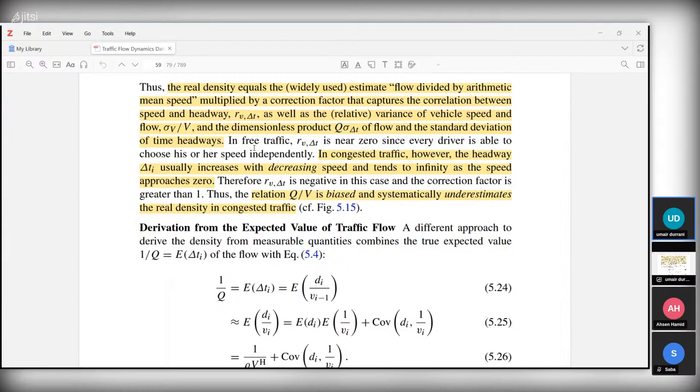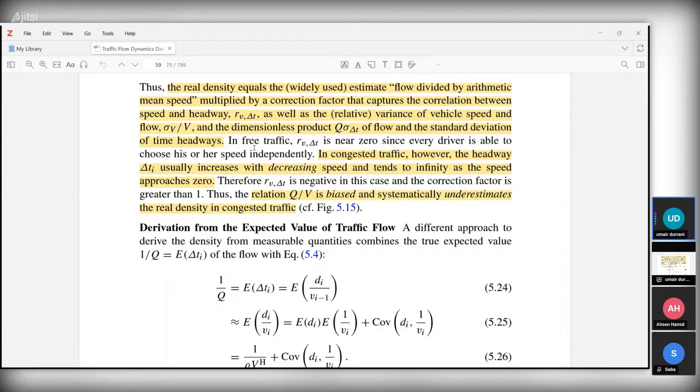So here I was wrong. This is inverse correlation. So in congested traffic, headway delta Ti usually increases with decreasing speed. As you are slowing down because of, let's say, stop and go conditions, your time headway is going to increase. And that is because you are moving very slow, so you will take more time to get to the detector compared to the time when the lead vehicle got to the same detector, because that is how time headway is estimated.